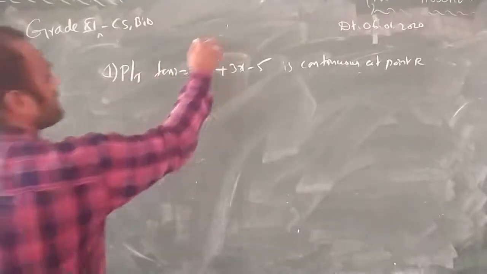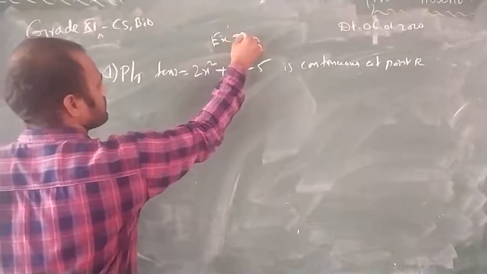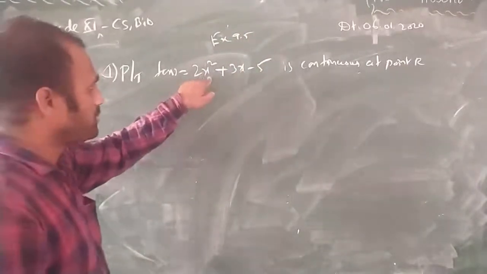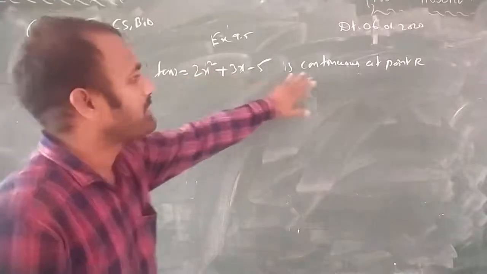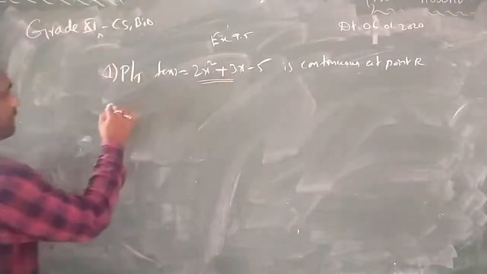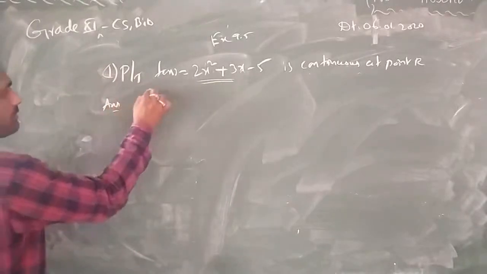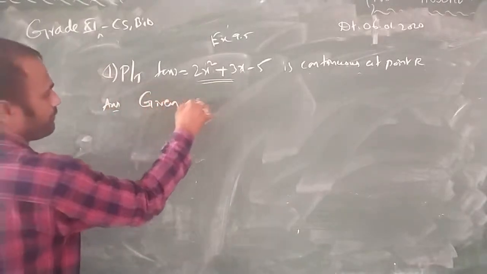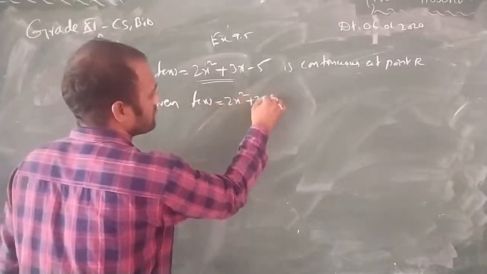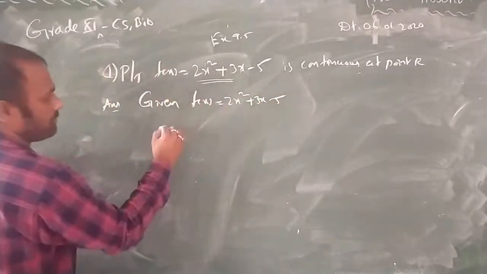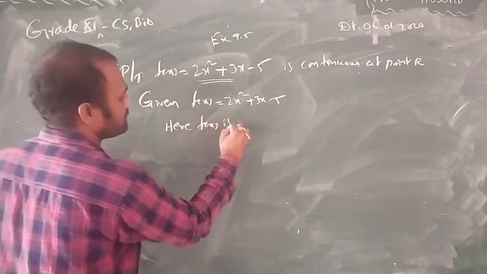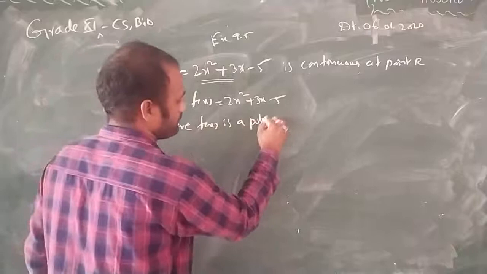Look at exercise 9.5, first question. Prove that f of x is 2x squared plus 3x minus 5 is continuous at every point in R. By seeing this we can say that it is a polynomial function. Given f of x is equal to 2x squared plus 3x minus 5, here f of x is a polynomial.